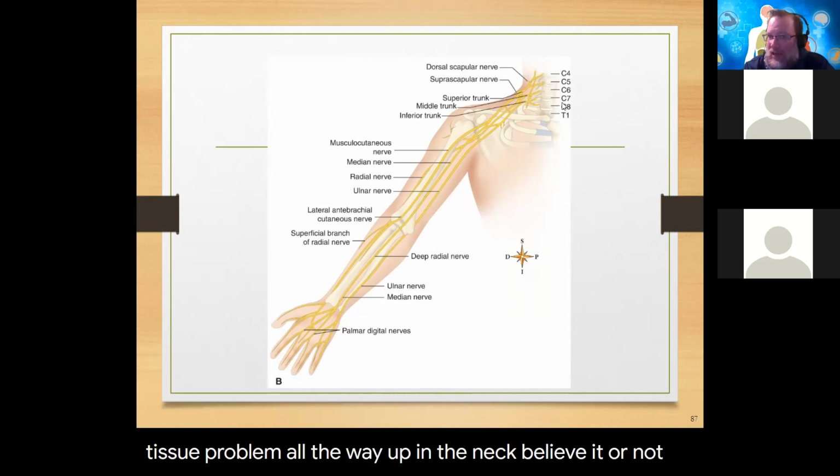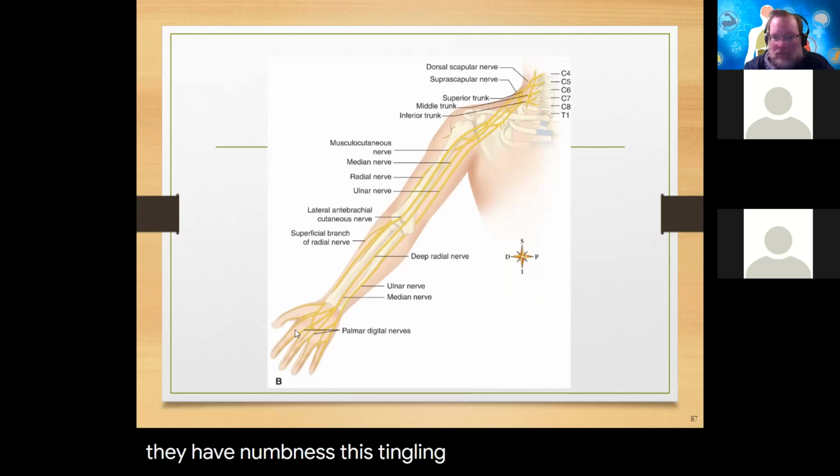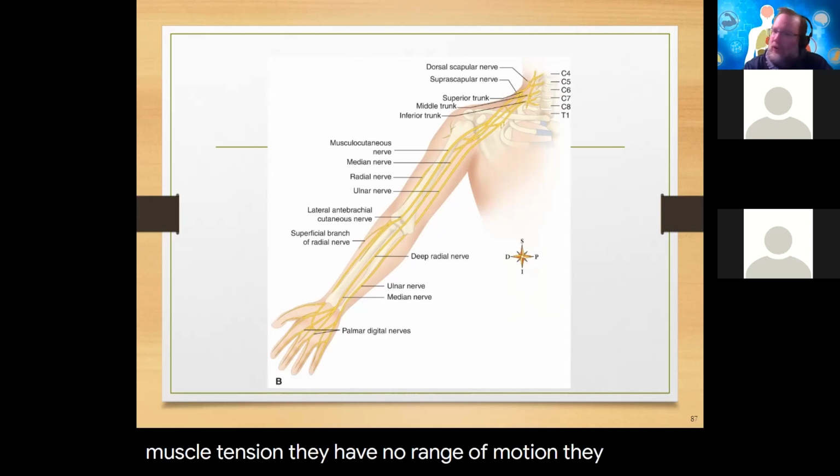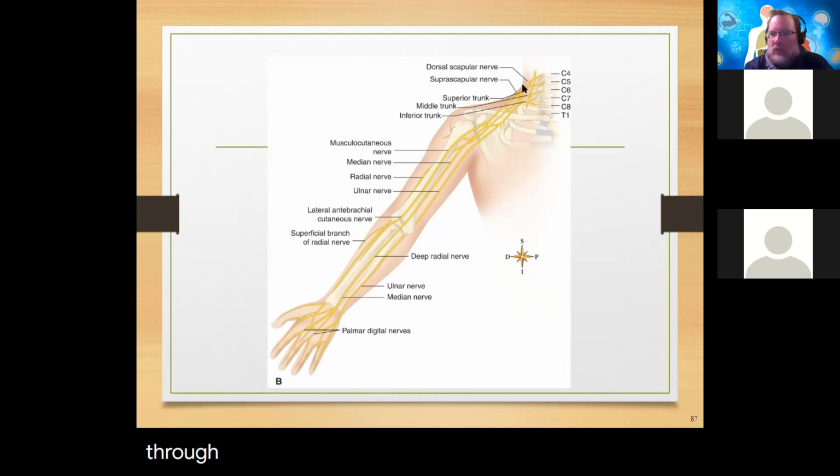Believe it or not. Yes, we have patients come in all the time, and they have numbness, tingling, motor issues all the way down in their forearm, wrist, and hands. We come up, we look at this, and in their posture, they've got muscle tension. They have no range of motion. They can't move their head or neck from side to side. So we run them through ranges of motion. They maybe can get to here and here.